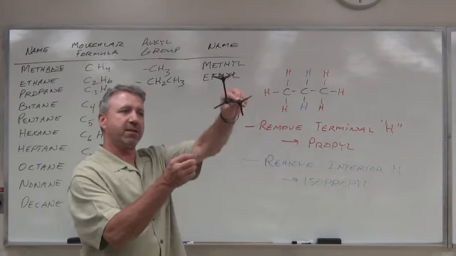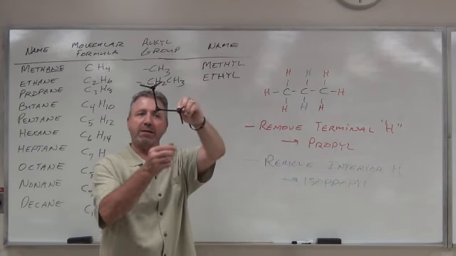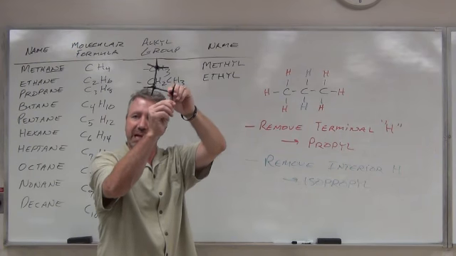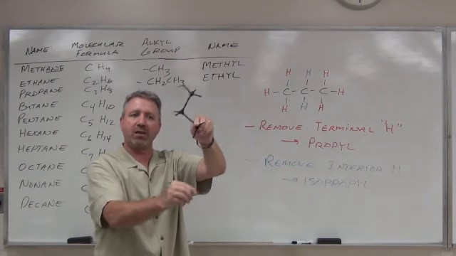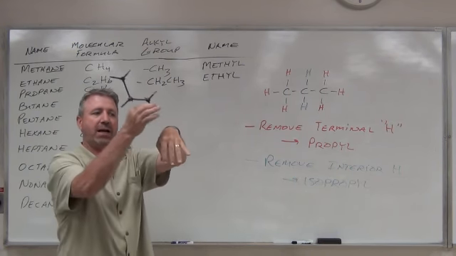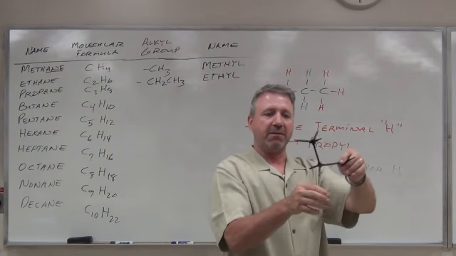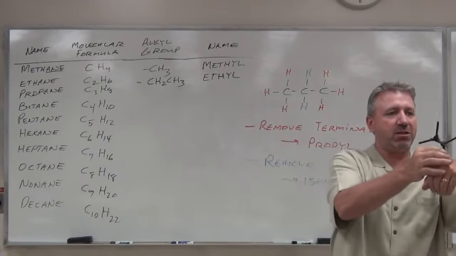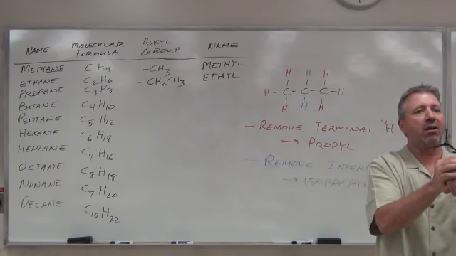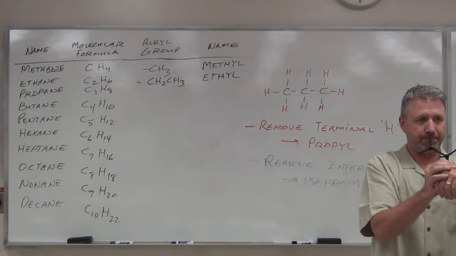There is a difference. Here's my propane. I want to create a point of attachment, so I'm going to remove one of these off a terminal carbon and attach it. I would name it as propyl. If I remove one of the interior ones and use that as a point of attachment, I call it the isopropyl group.